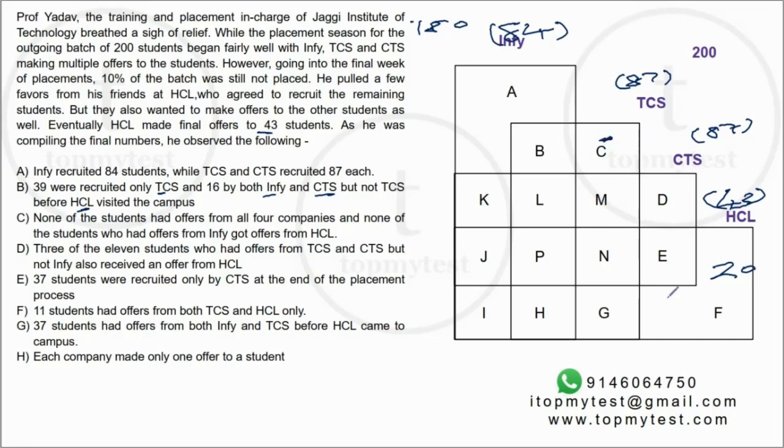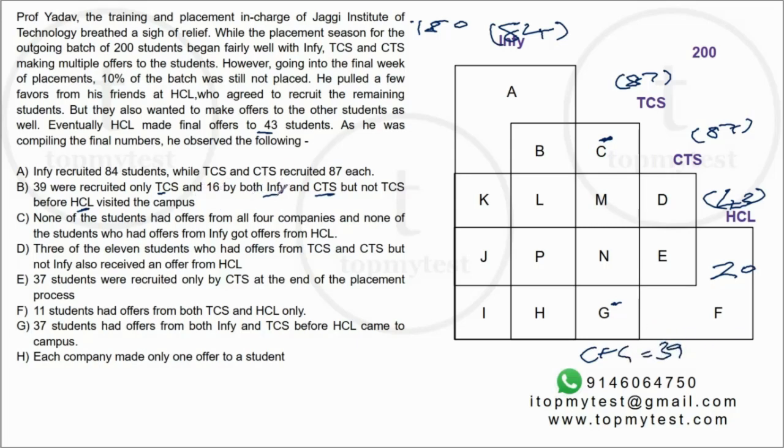They will be C and G. There will be regions C and G, not just C, because G has two offers, HCL and TCS. Before HCL visited the campus, it will be within the TCS region itself. So C and G combined will be equal to 39. C plus G equals 39.